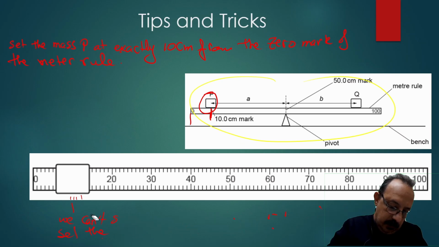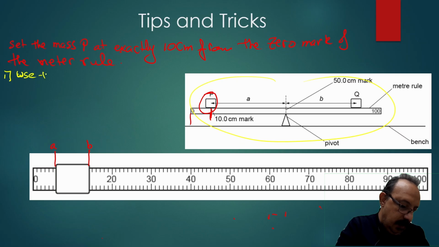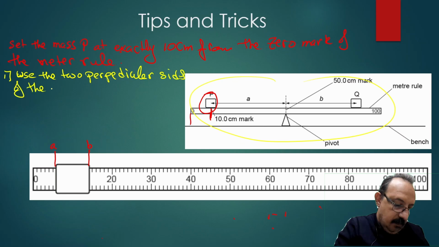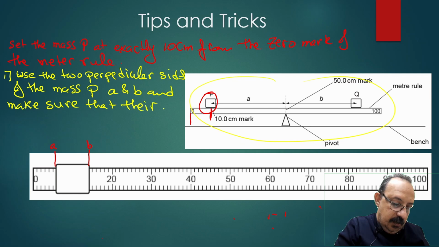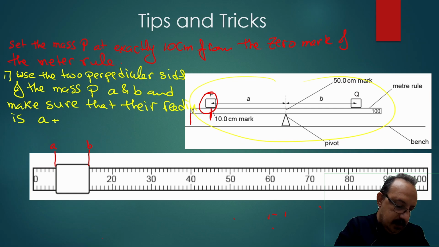What we are going to say or do: use the two perpendicular sides of the mass P, A and B, and make sure that their reading is A plus B divide 2 is equal to 10 centimeter.